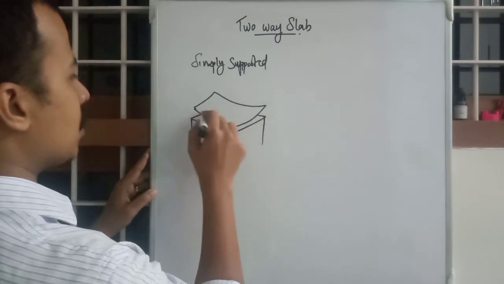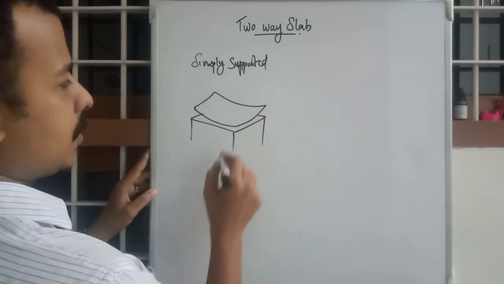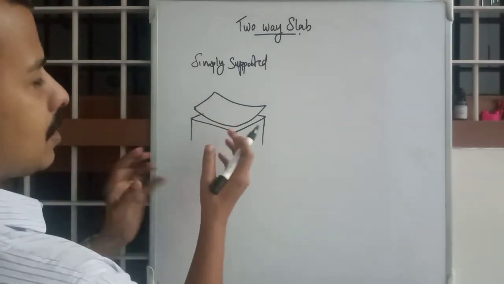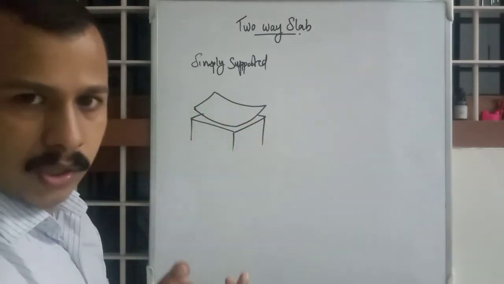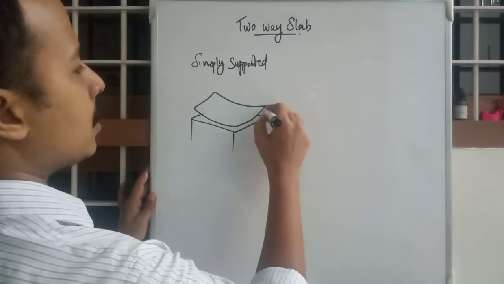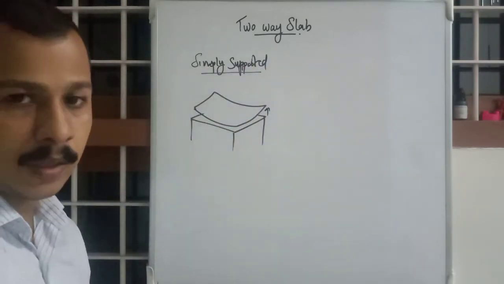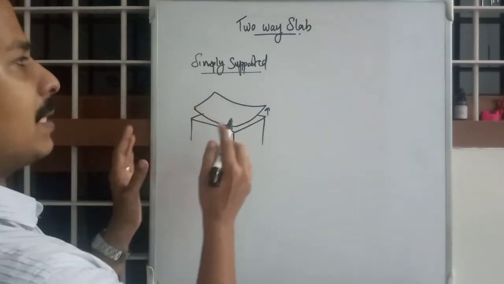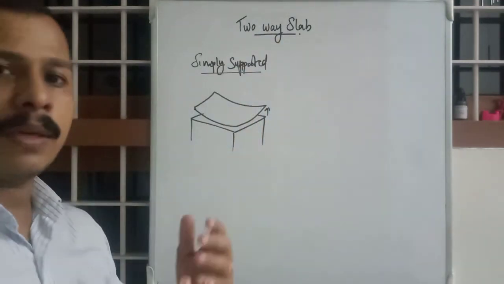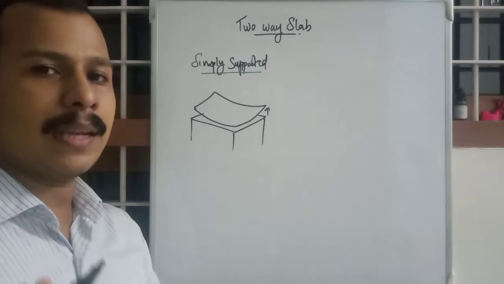If this was the support, the slabs are susceptible to bend like this. These four corners can go upwards because it is simply supported. The design of this simply supported two-way slab we discussed in the last video.